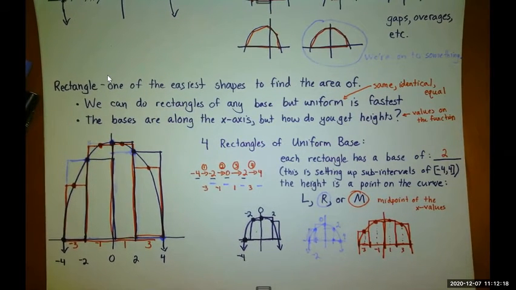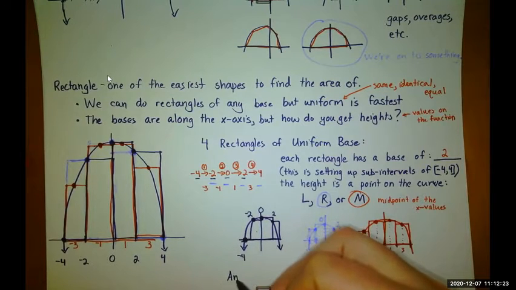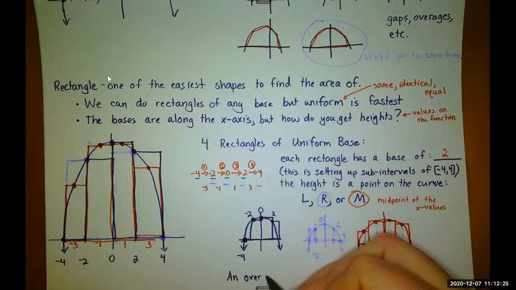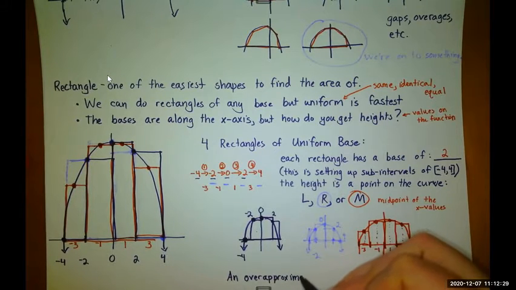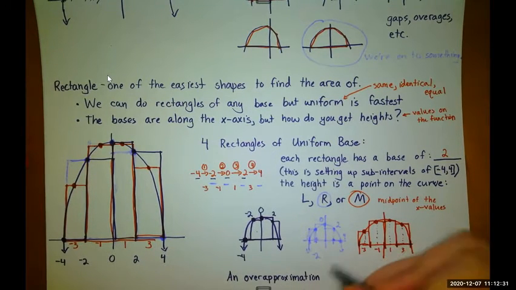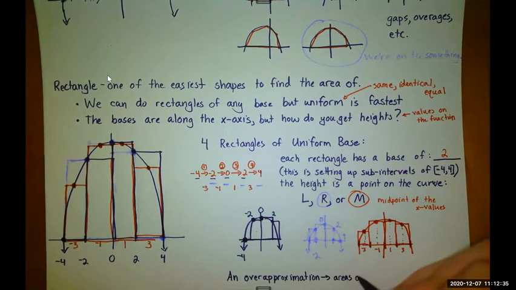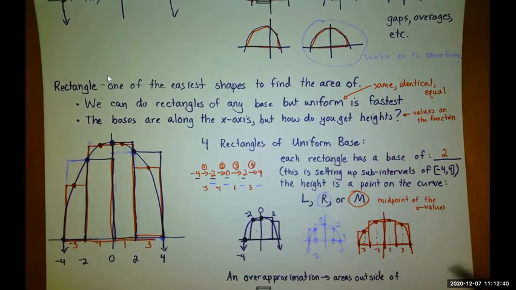We get from these 3 things an over approximation, which is when you've got areas outside of the shape, you've got those overages, extra area.